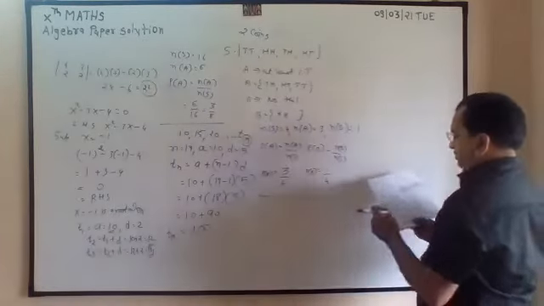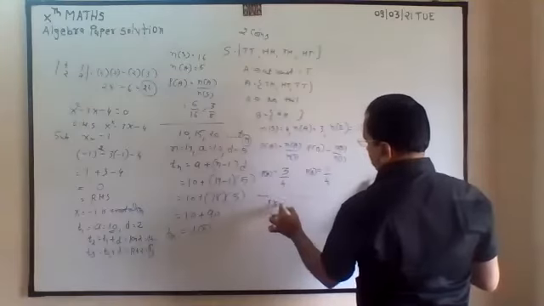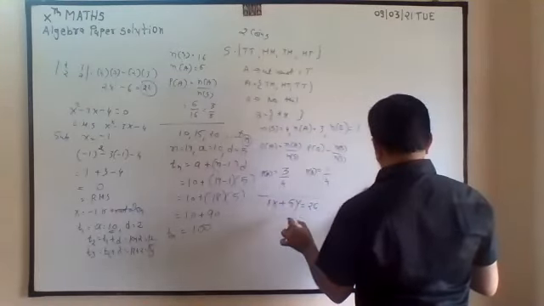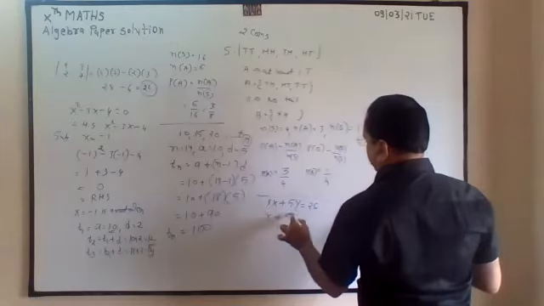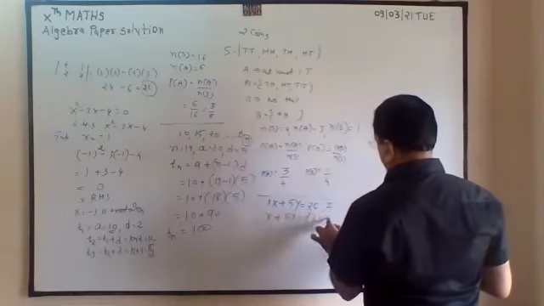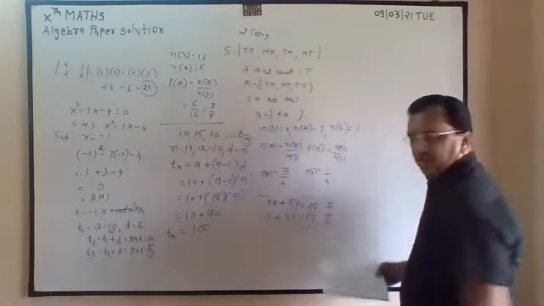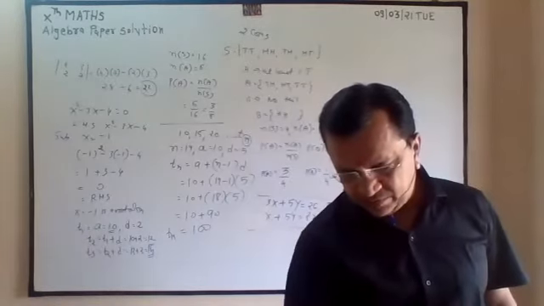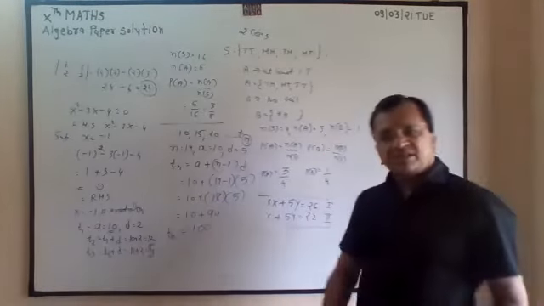Now simultaneous equation. 3x plus 5y, x plus 5y. 5y are equal coefficients for the y, with the same sign.